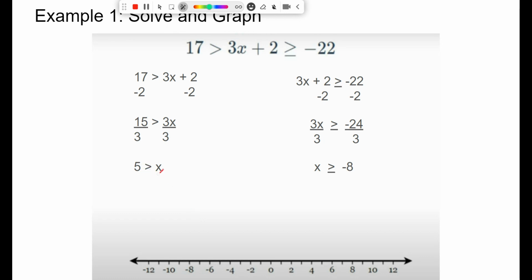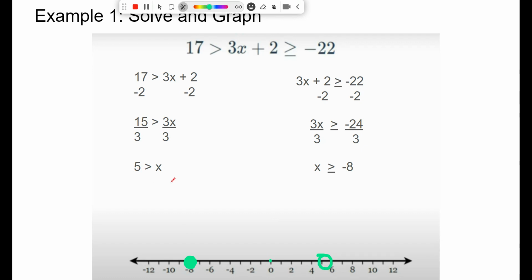At this point, we probably feel pretty comfortable with what's going on. Let's start with our endpoints. X is less than 5. So we're going to go to 5 on the number line. That is an open circle as best as you can. And x is greater than or equal to -8. This can be -8 because it can be equal to, so I'm going to try and shade that in as clearly as possible. This is an AND inequality, so it's going to be shaded in between, but just to be sure, let's look at 0.